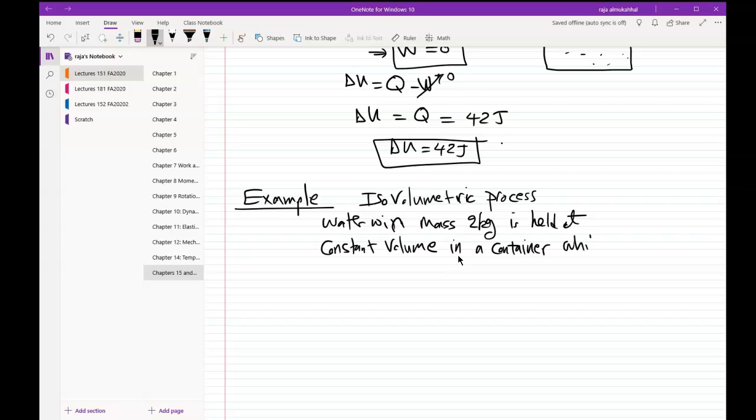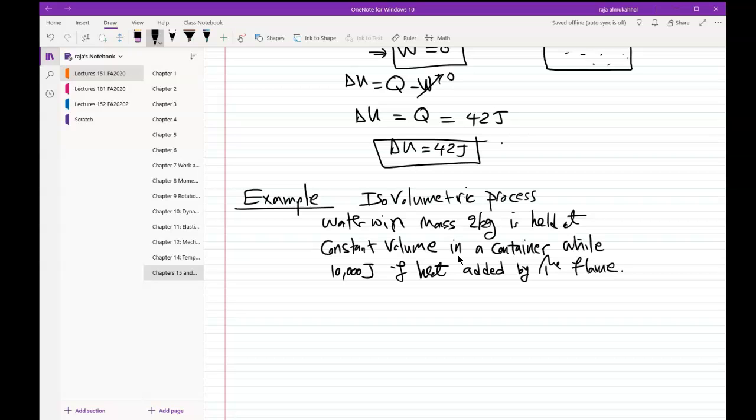While 10,000 joules of heat is slowly added by the flame. Which basically, he's talking about a pressure cooker.